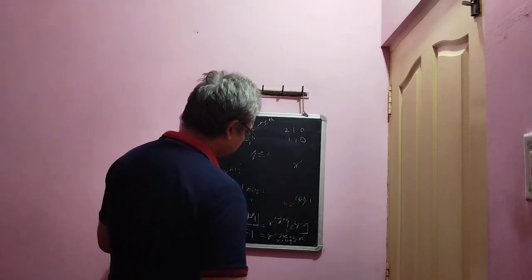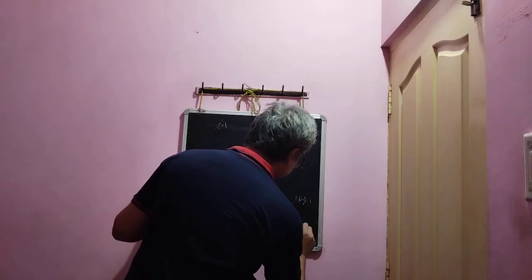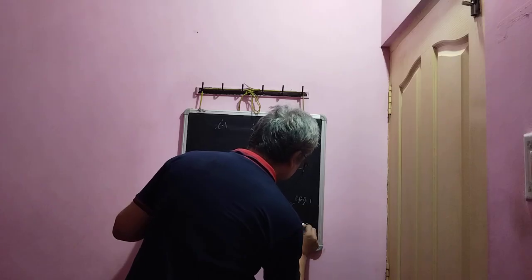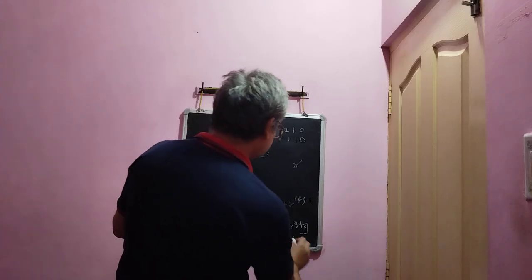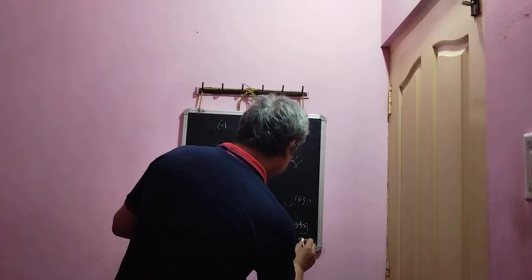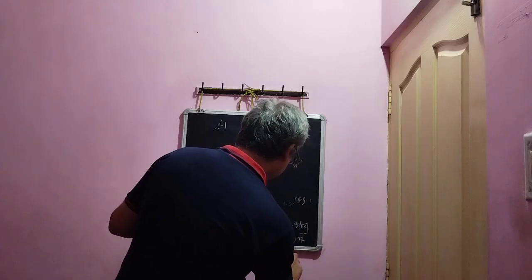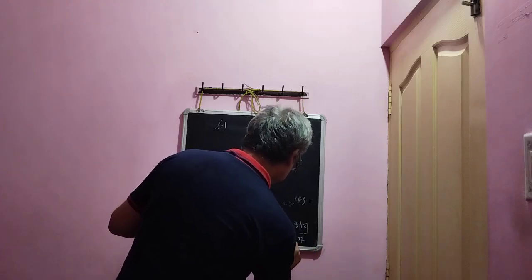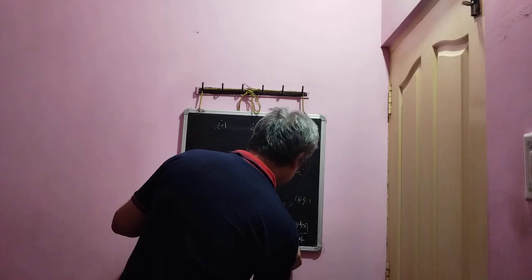So this will be 2 into j minus 1 minus 2. So this will be minus 4 here. This will be r power i plus j minus 2.